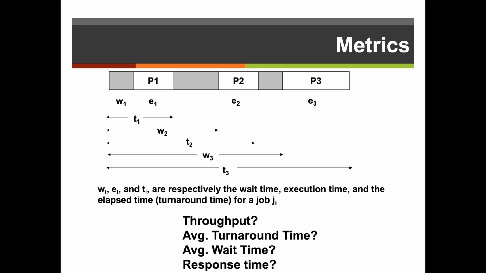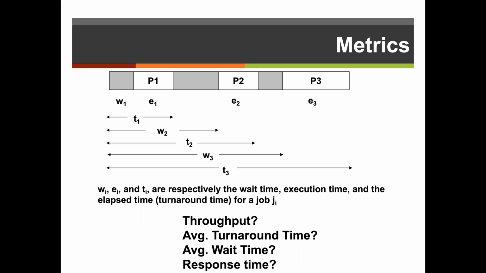And these metrics of interest relate to understanding appropriate throughput, average turnaround time, average wait time, and average as well as response time. When we think about throughput, we're looking to quantify the number of jobs that are executed in a specific time interval.